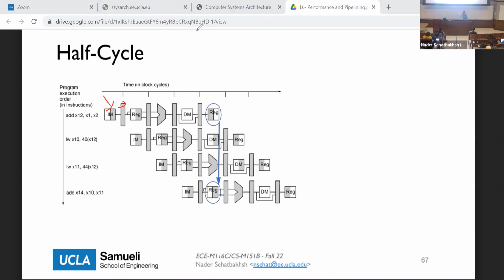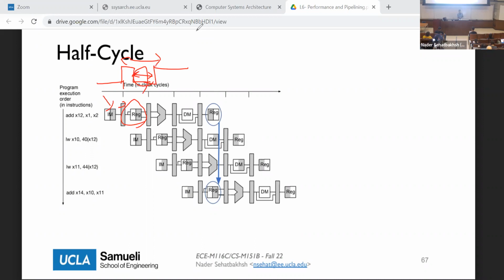If you pay attention, you will see that whenever you want to read, if this is one clock cycle, we read in the second part of this clock cycle, basically at this point. And we usually call that a half cycle. So if this is your full cycle, we are reading it in this second half of our clock.